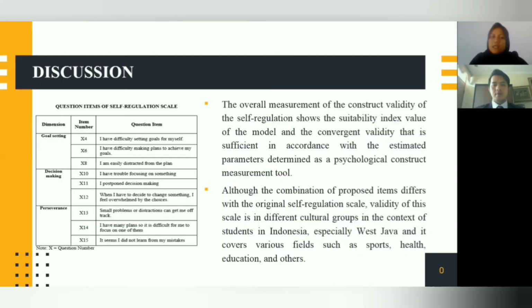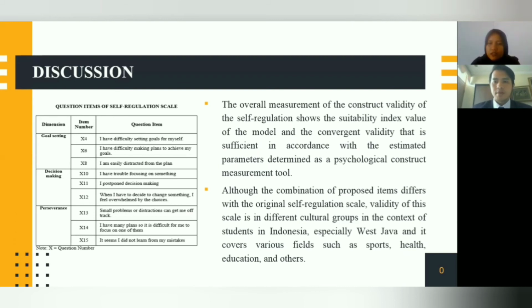The next is discussion. The overall measurement of the construct validity, the self-regulation shows the suitability index value of the model and the convergent validity that is sufficient in accordance with the estimate parameters determined as a psychological construct measurement tool.